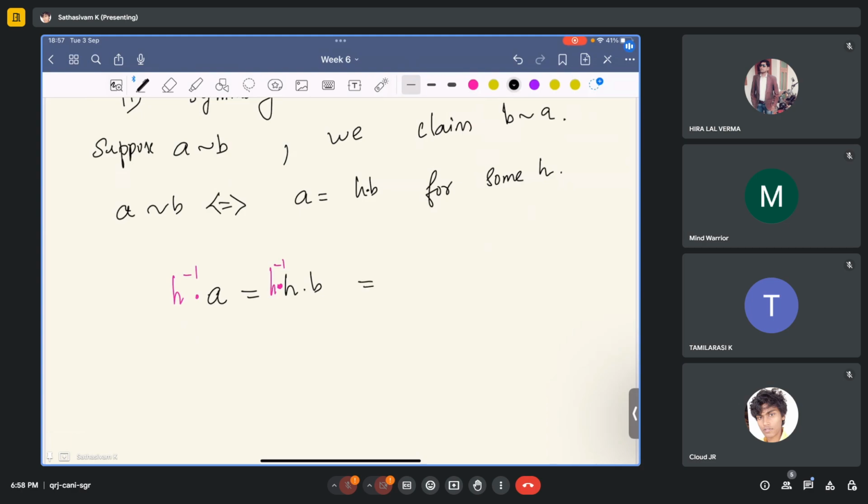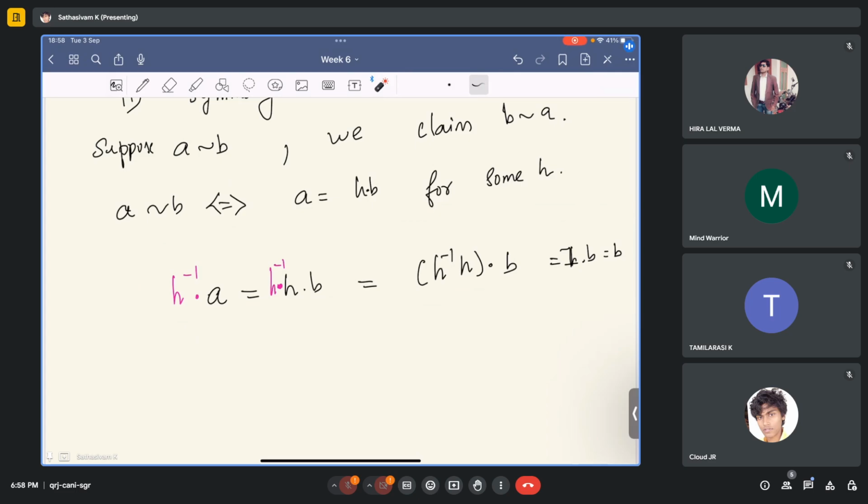Now you have the property of an action, right? So this is nothing but H inverse H acting on B. But that is nothing but the identity acting on B, and that is B. So there we got it.